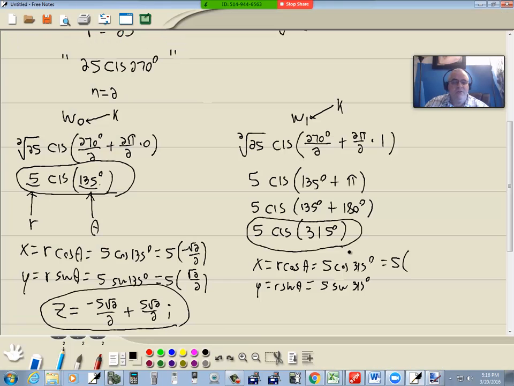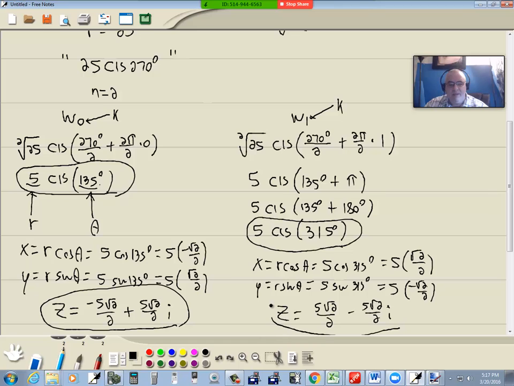Cosine is square root of 2 over 2, and sine will be a negative square root of 2 over 2. Which means the other answer will be z is equal to 5 square root of 2 over 2 minus 5 square root of 2 over 2 i. And those are the answers in rectangular. And that's the last problem.